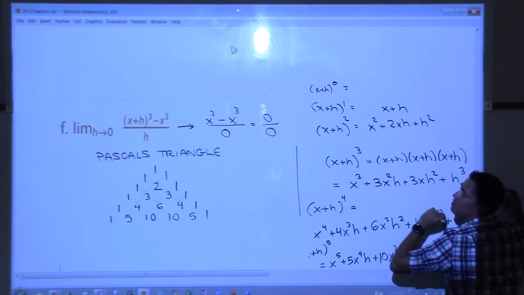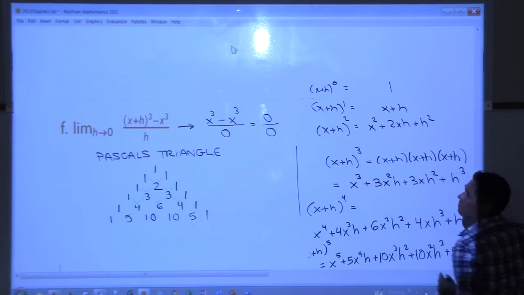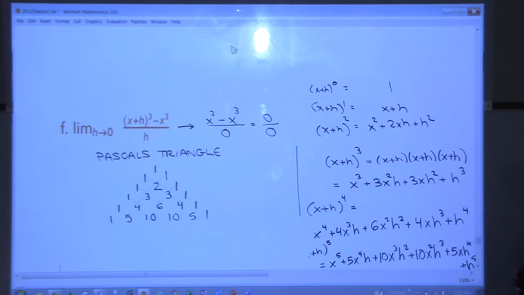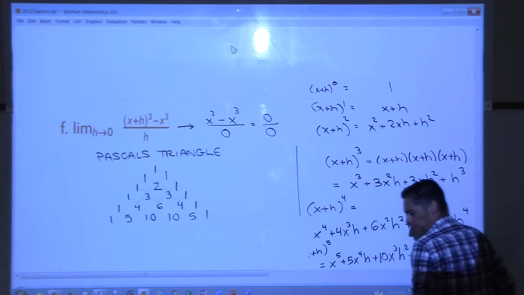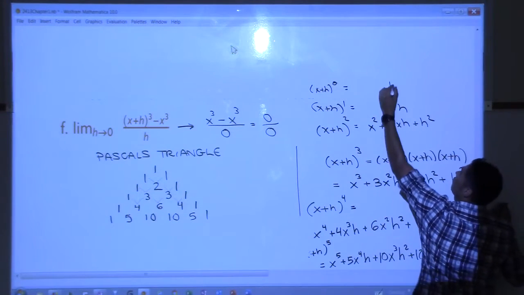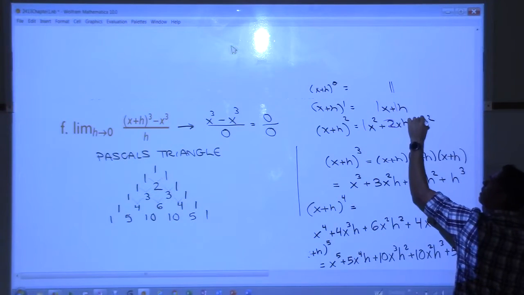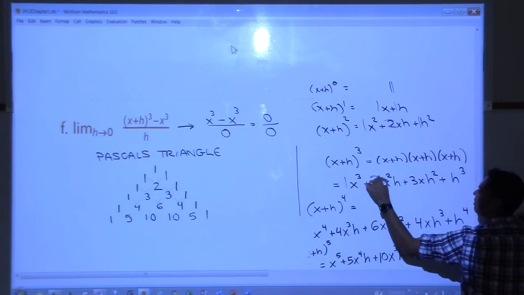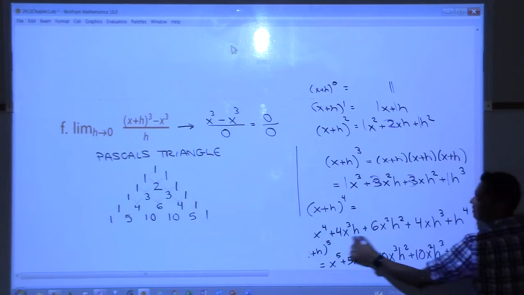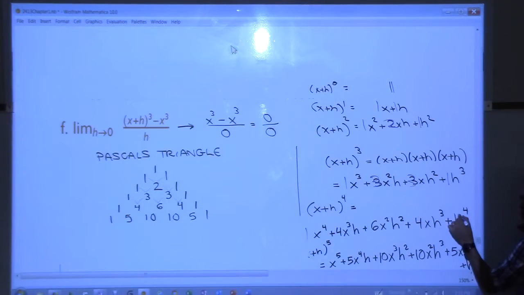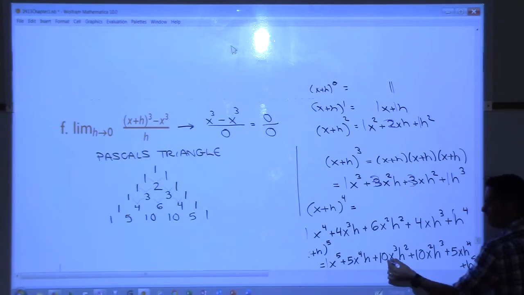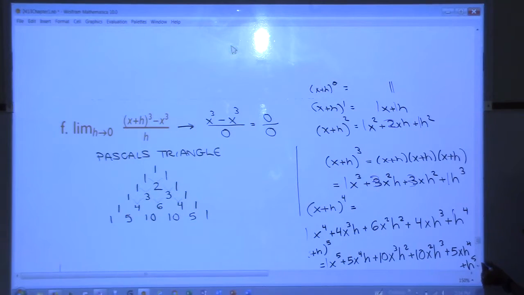What would x plus h to the 0 power be? 1. Do you see Pascal's triangle over here? You have 1; 1, 1; 1, 2, 1; 1, 3, 3, 1; 1, 4, 6, 4, 1; 1, 5, 10, 10, 5, 1.